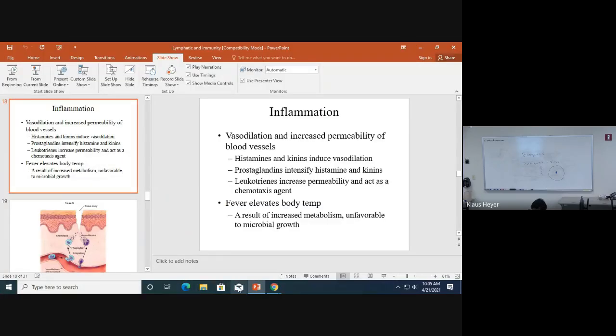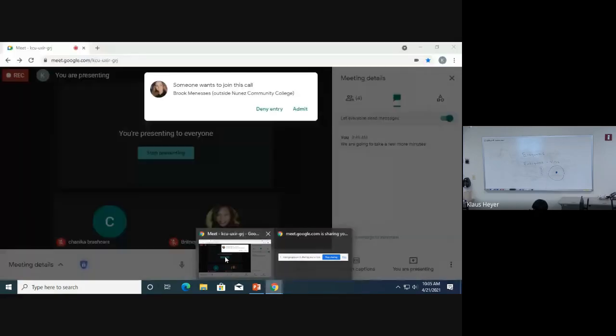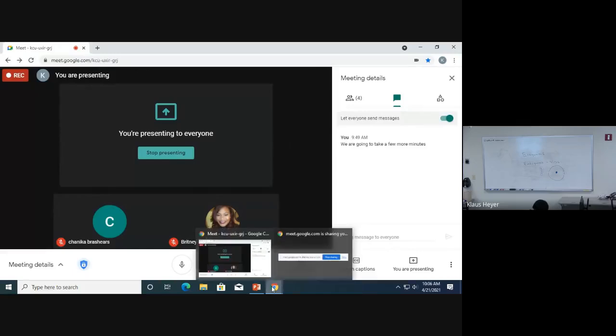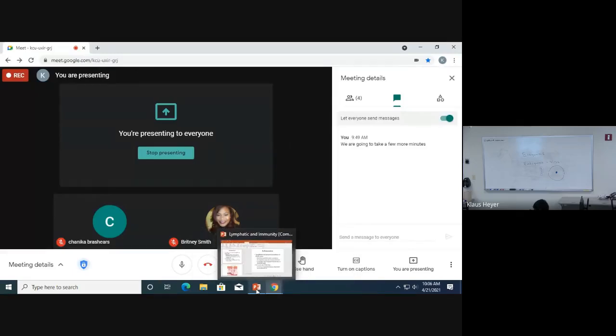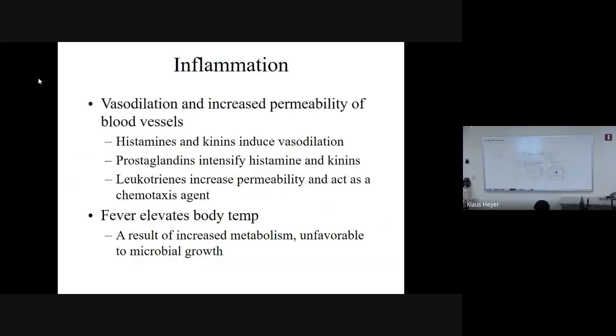Prostaglandins intensify it. And then leukotrienes increase permeability, and then they act as a chemotaxis agent, and a chemotaxis agent is like an attractant.